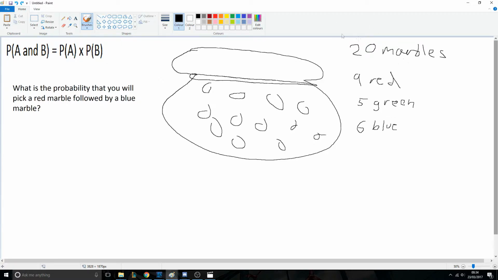There are 20 marbles in the bag, 9 of which are red, 5 are green, and 6 of the marbles are blue. So probability of A and B is equal to probability of getting a red times probability of getting a blue.